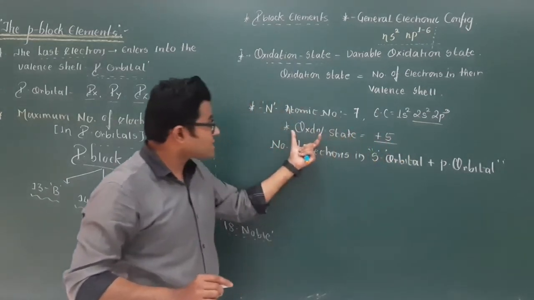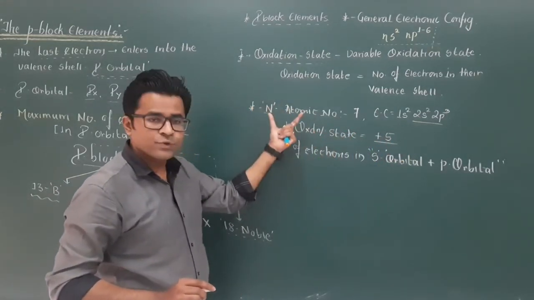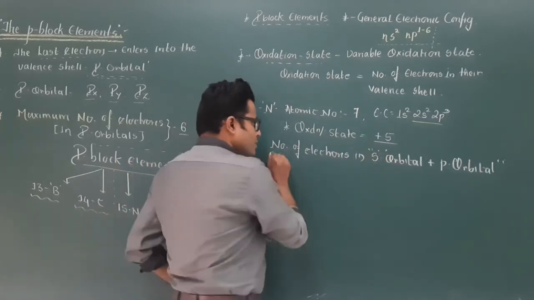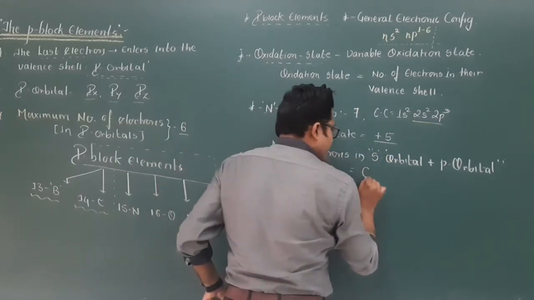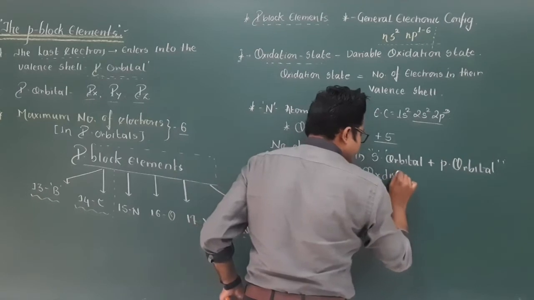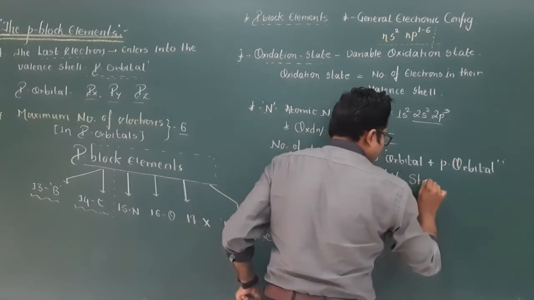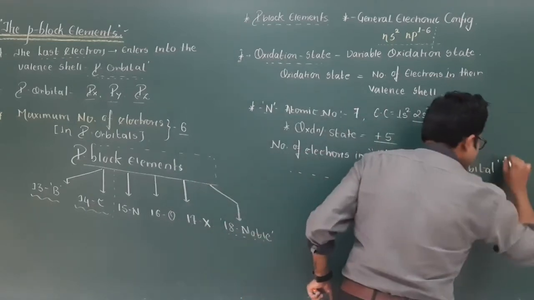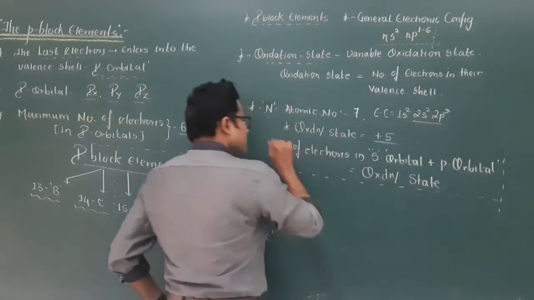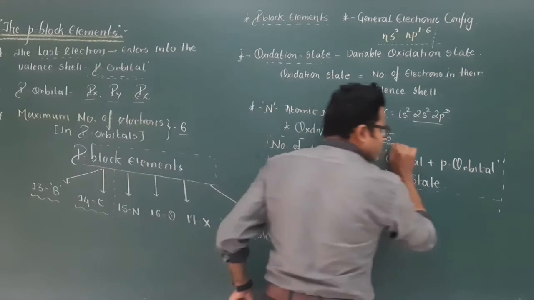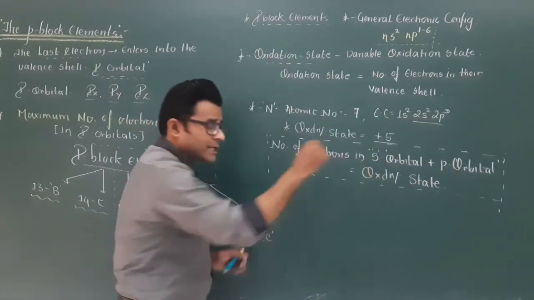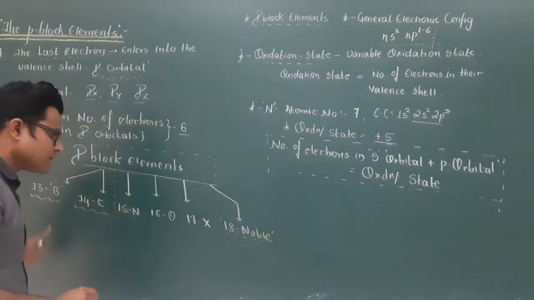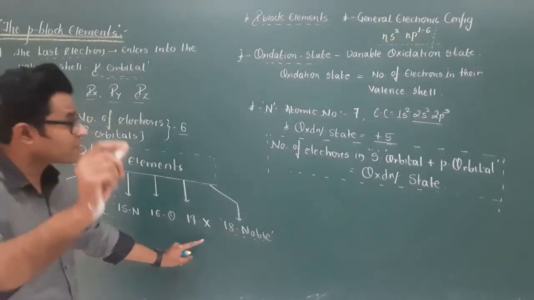So the oxidation state for nitrogen is going to be +5. Okay, so that is going to be equal to your oxidation state. Quite simple as that. Okay, so taking this into consideration, we can have the oxidation state for the groups, which we are going to discuss now.